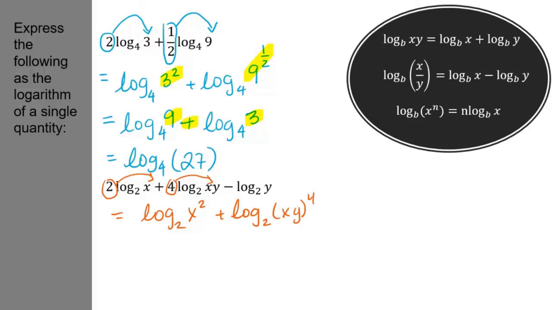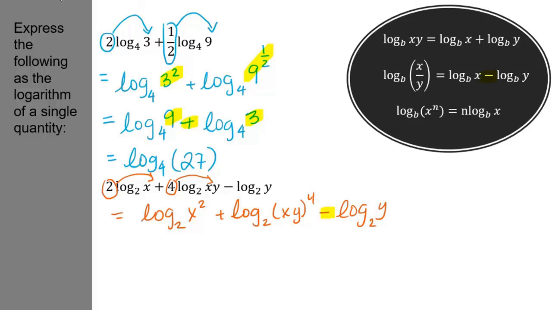Of course, the logarithm is to the base 2 minus the logarithm of y to the base 2. If I wanted to, I could also take this negative and treat that as a -1 and turn it into a power, but we do have a rule for subtracting logs, so we may as well use it.